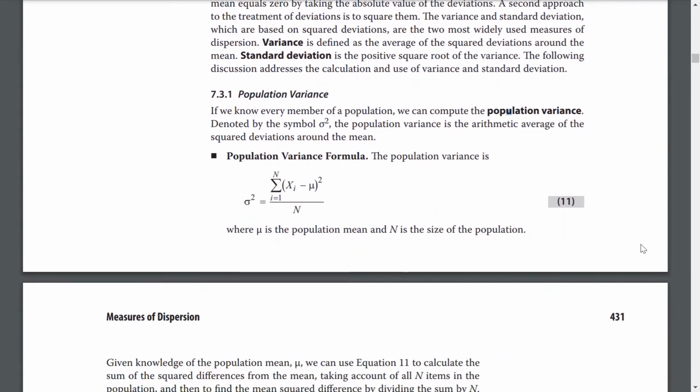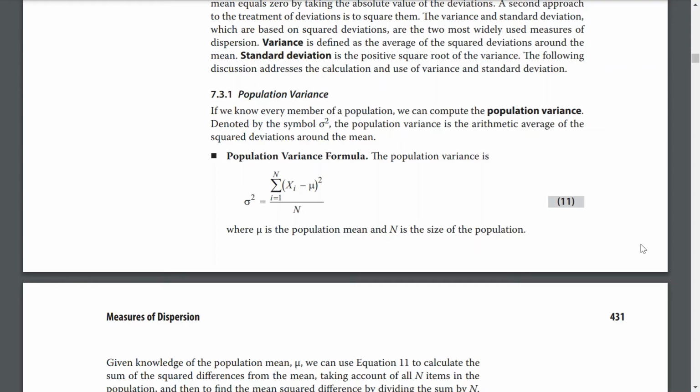7.3.1, population variance. If we know every member of the population, we could compute the population variance, denoted by the symbol sigma squared. The population variance is the arithmetic average of the squared deviations around the mean.